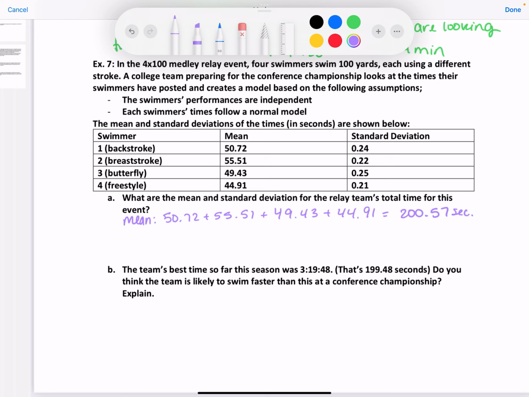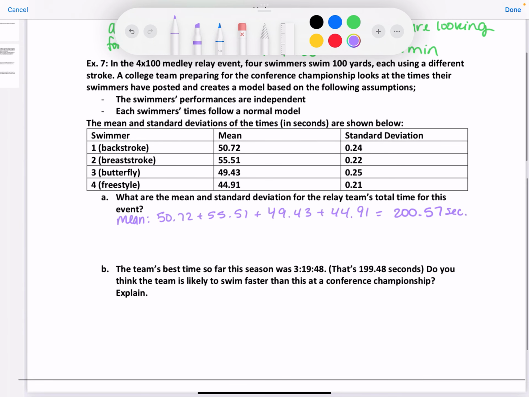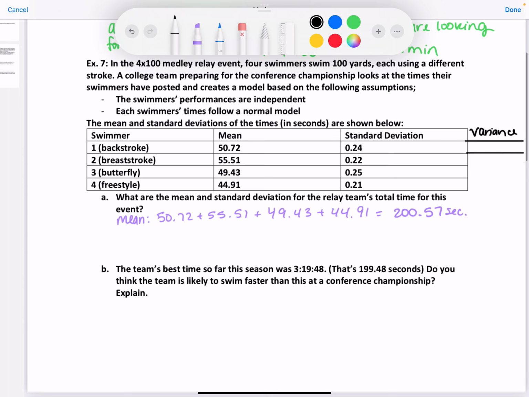So standard deviation, obviously we can't just add those values, so we need to turn them into variances. So I'm going to make another column over here for each one, and I'll write what it is. So you would just square each of these values that are given, and I already have them, so I'll just write what they are.